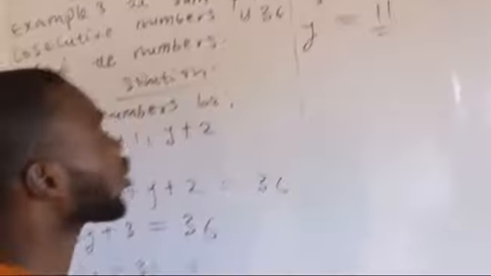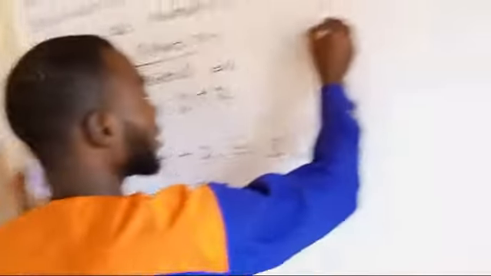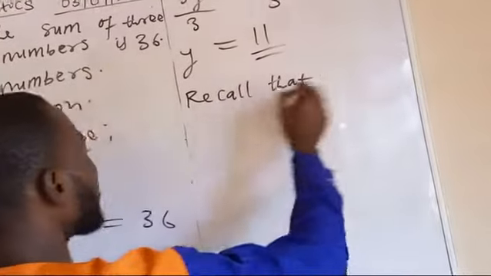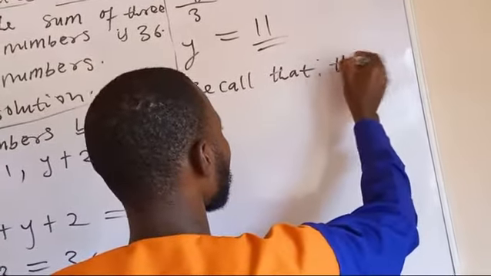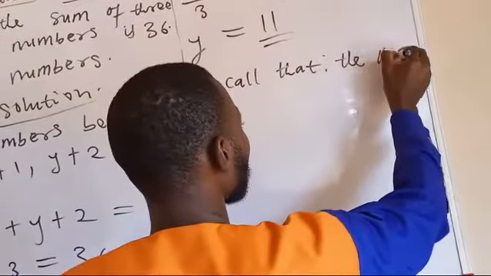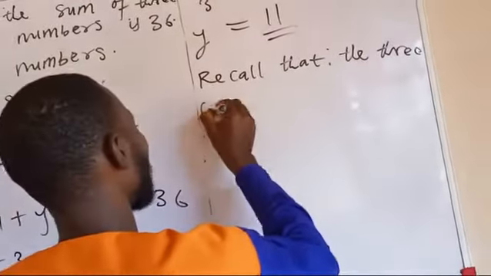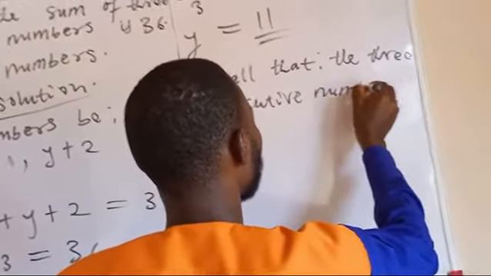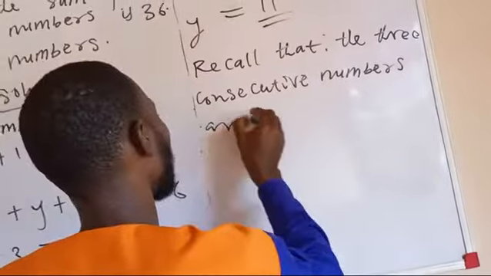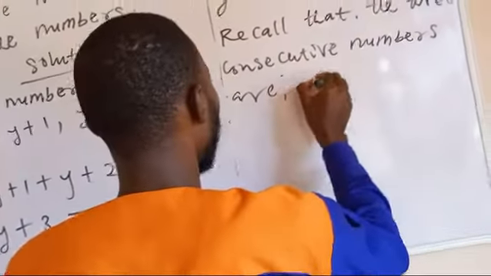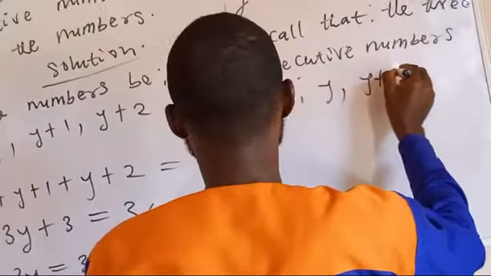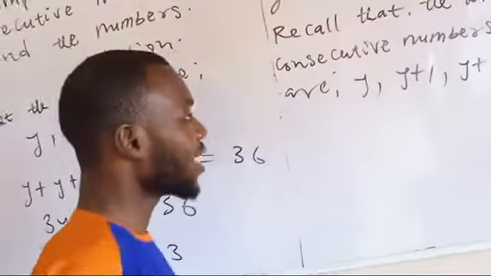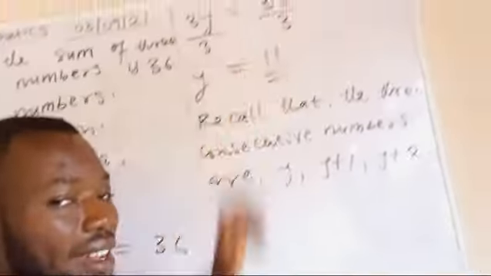So they said we should find the numbers. Recall that the consecutive numbers are y, y plus 1, y plus 2. So for us to get those numbers, we've calculated y as 11.